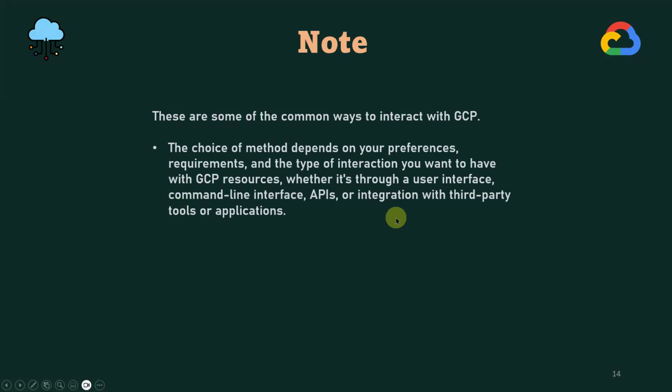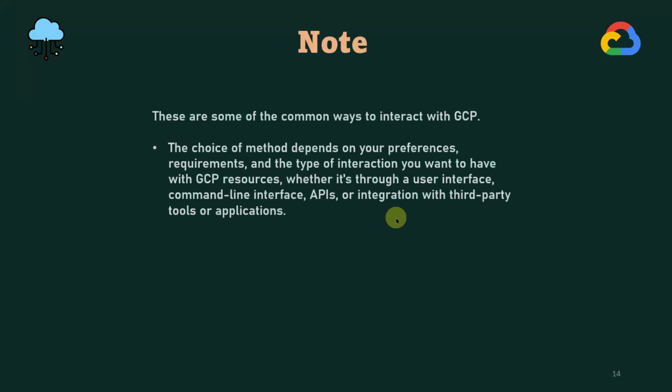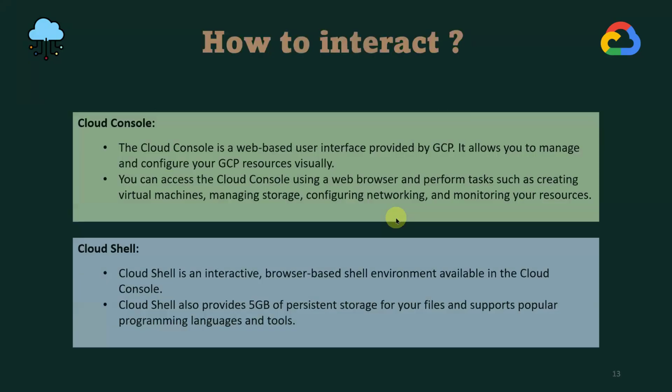So this is what we call GCP interfaces, guys. This is where I would like to stop. In the next session, we are going to see the console walkthrough, and we have successfully completed our second topic, that is GCP interfaces, how to interact with the GCP services.